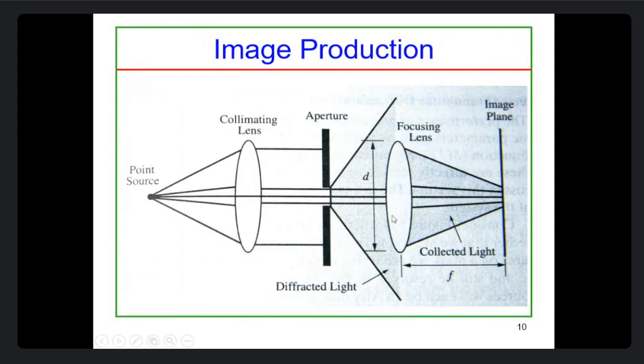But basically, I'm trying to summarize: this lens is trying to collect as much as possible. The more it can collect, the less will be the loss.